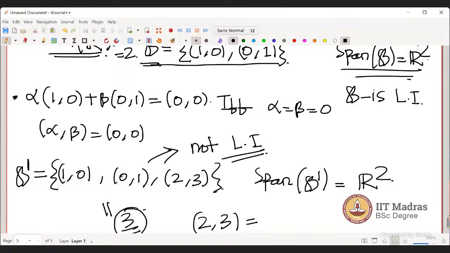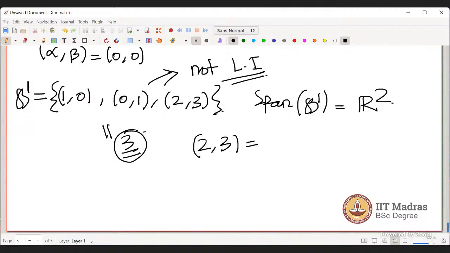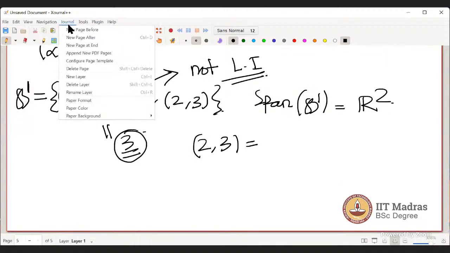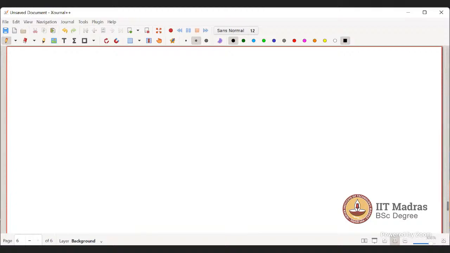It's basically equivalent to the fact that if it is a basis, then it's a minimal spanning set. Yes. Sir, I've gone through the book recommended in this course. They call 1 0, 0 1 the standard basis. Even we call it the standard basis. So there can be other bases apart from those.